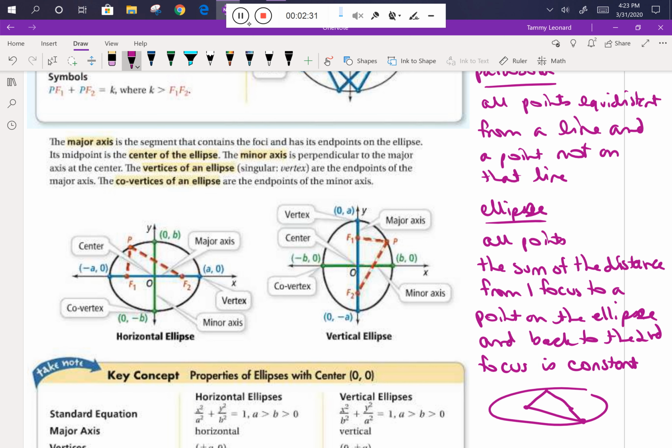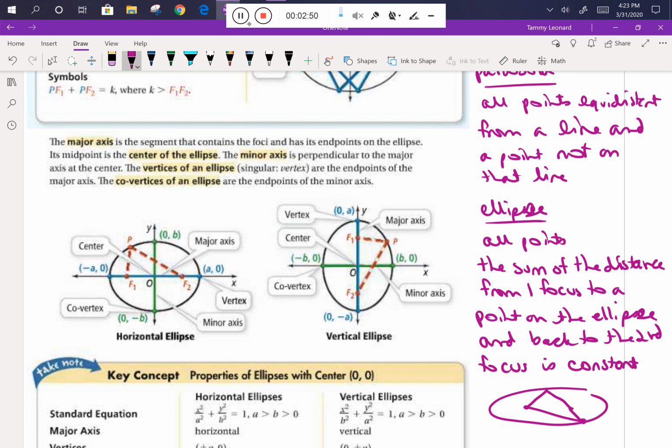So no matter which point I pick on the ellipse, if I start at a focus and go to the ellipse and then back to the other focus, that distance is always the same anywhere within the same ellipse. So it's a little bit of a different definition.